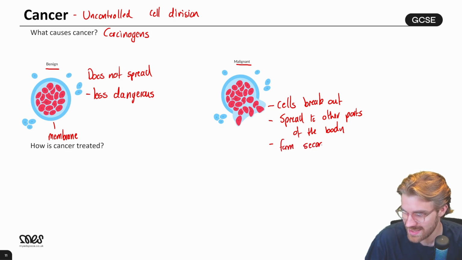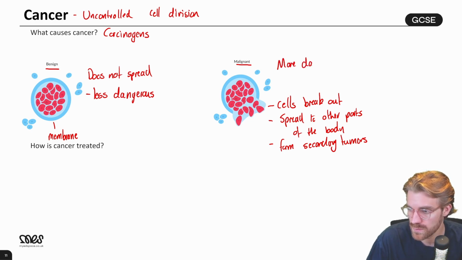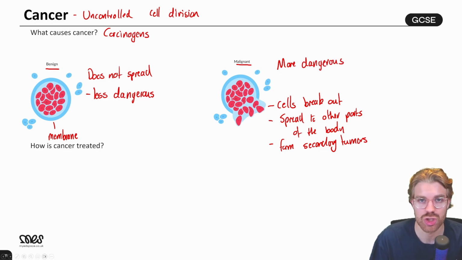These we call secondary tumours. Because of this, malignant tumours and the way that they spread, they are more dangerous. They can spread and start forming tumours on vital organs such as the lungs, the brain, the stomach as well.